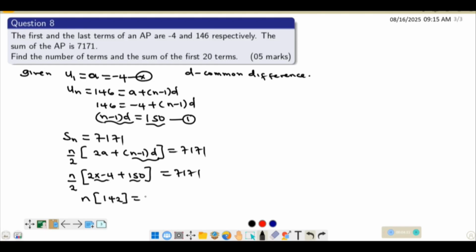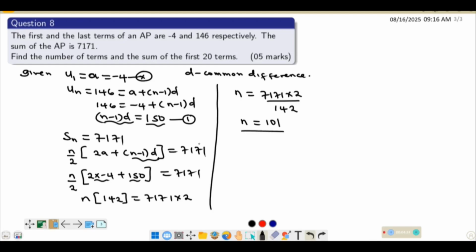This will be equal to 7171 multiplied by 2. So n is 7171 times 2 divided by 142, and if we do that, n will be 101. This is the value of n.